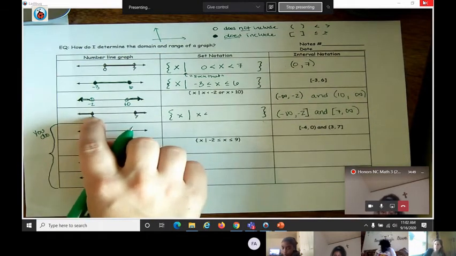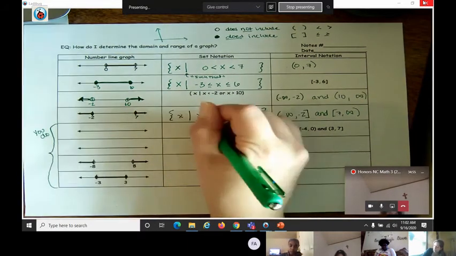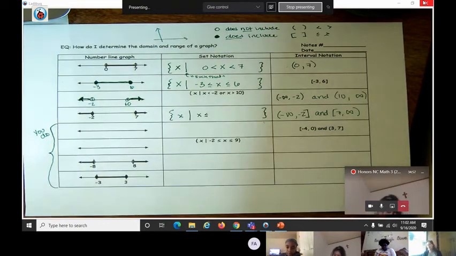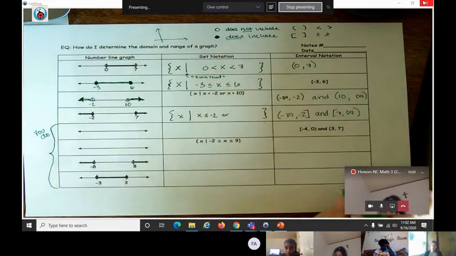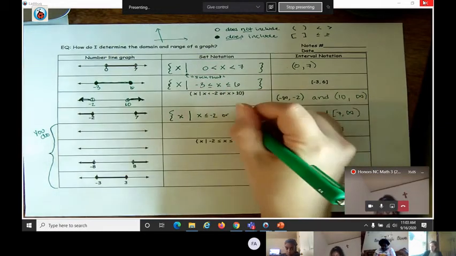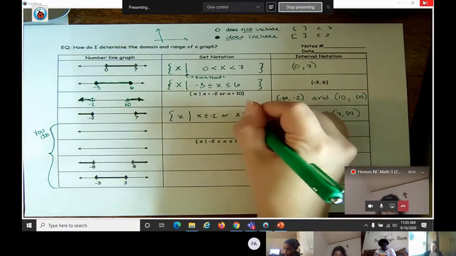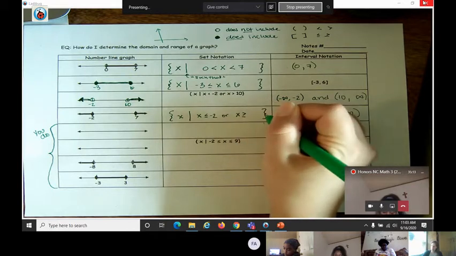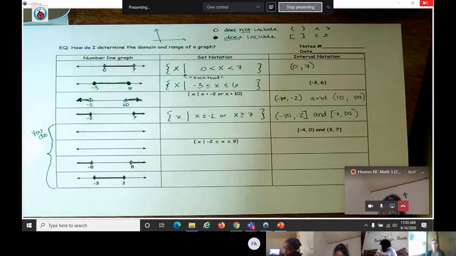So it could also be less than or equal to. Oh, equal to. -2. Uh-huh. X greater than or equal to 7. Perfect. Good job, Brandy.